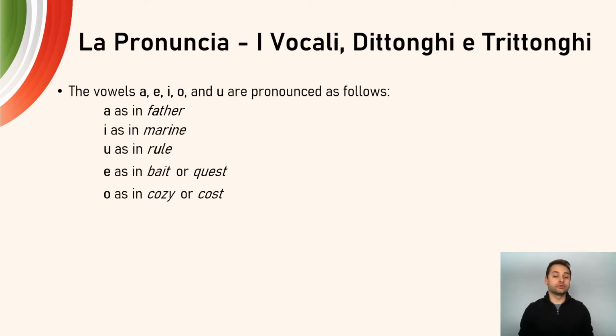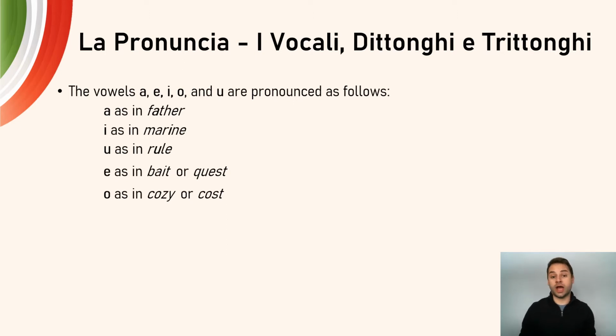Now with the vowels E and O, depending on if it is open or closed, it's going to sound a little bit different. If we look at the letter E, let's say the word bait.